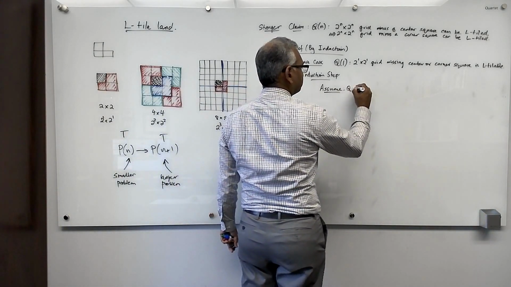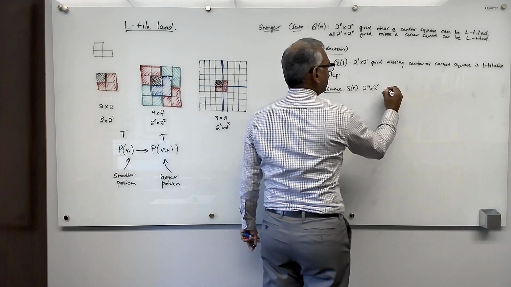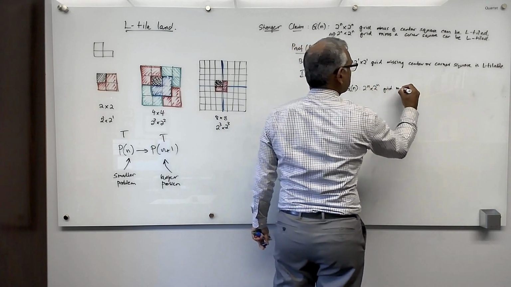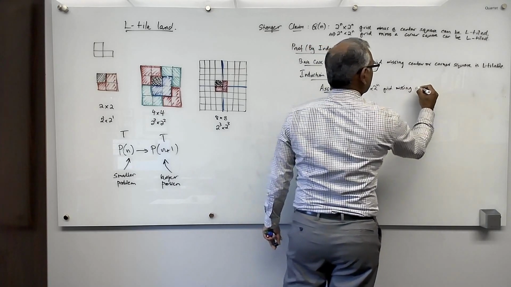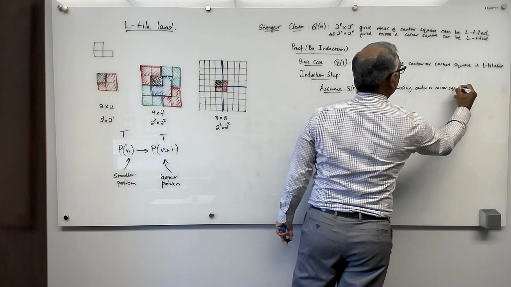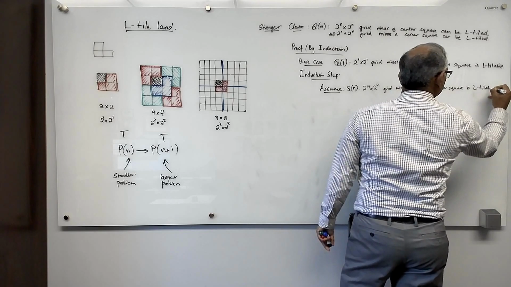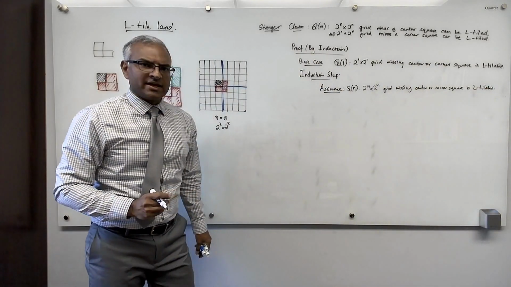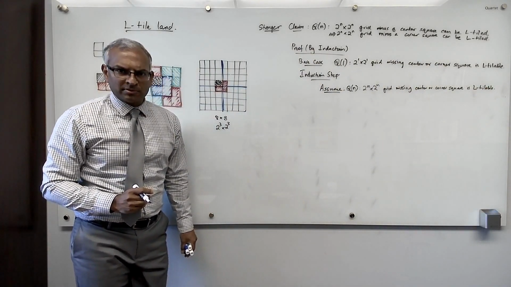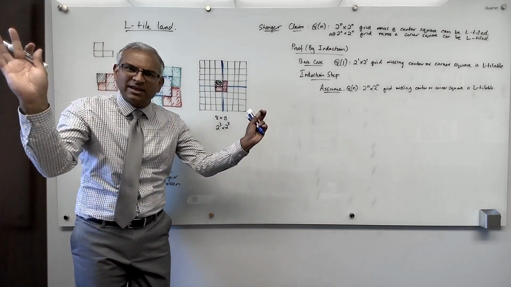Assume Q of n. Okay, what does that mean? The 2 to the n by 2 to the n grid missing a center or corner square is L-tileable. So that's what we get to assume, that if you have the 2 to the n by 2 to the n grid, and if it's missing a center or a corner square, we can L-tile it.